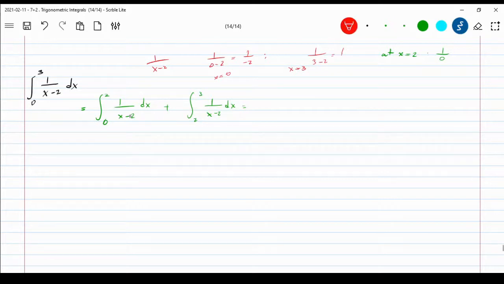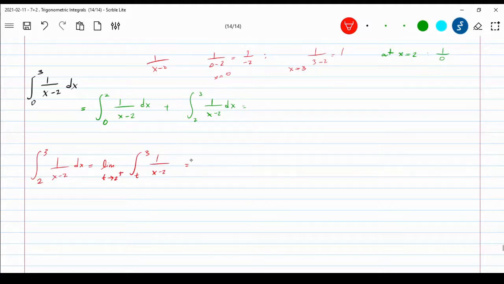Either one is fine, so let's calculate from 2 to 3. The integral would be the limit as t approaches 2 from the right-hand side of the integral from t to 3 of 1 over x minus 2 dx. This is the case where you have a discontinuity in the middle. You always have to break it up into two sections.